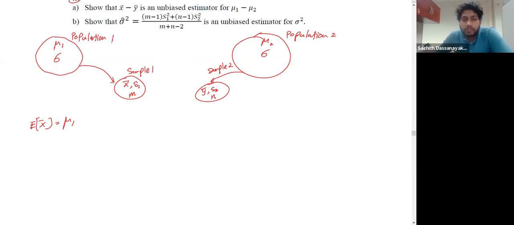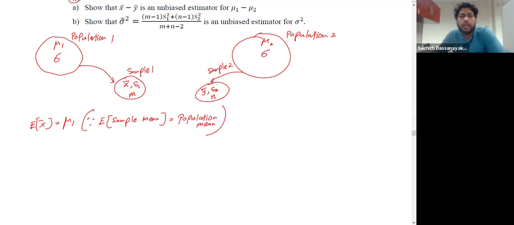Reason: the expected value of the sample mean equals the population mean. From the second picture, you can do the same thing. The expected value of y bar is the population mean mu2. Clear?